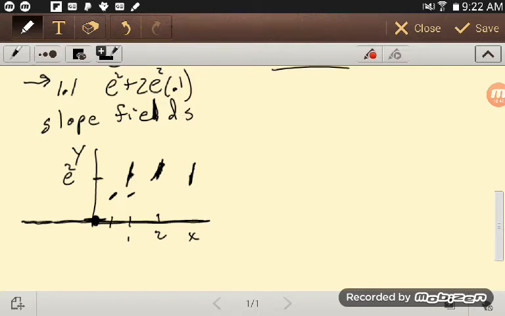And once again, if you are having trouble with slope fields, most likely the issue is you are not really realizing what you're looking at when you look at something like y prime equals something involving x and y. Our first order differential equation is just that idea.